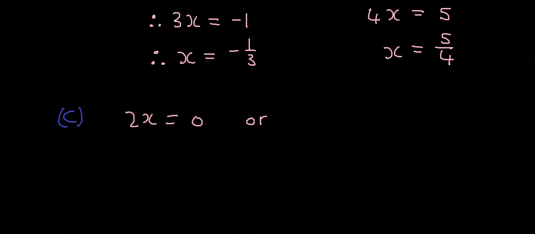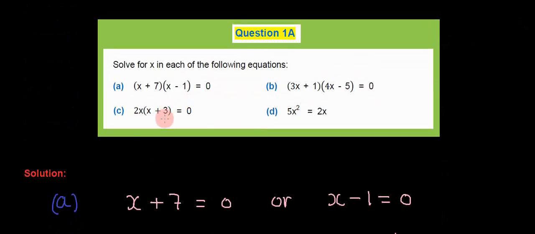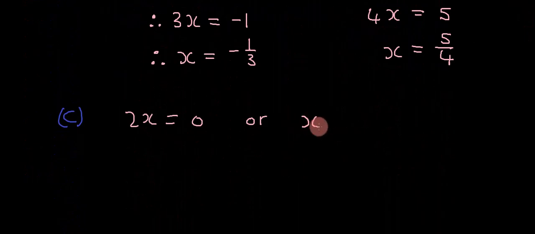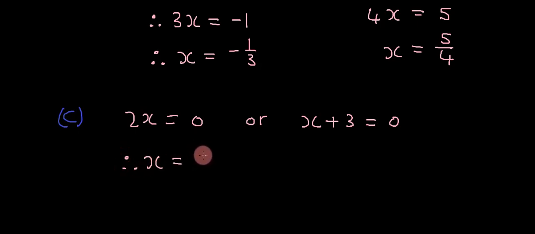Or what's inside the brackets, which is x + 3, must be 0. We can isolate x on the left-hand side here by dividing the 2 into the right-hand side. So x is 0 divided by 2, which of course is 0. And here we can solve for x by taking the positive 3 to the right-hand side. So x is negative 3.